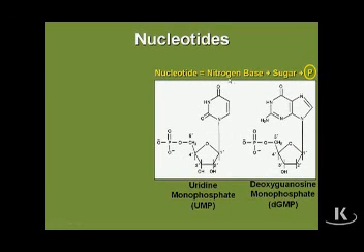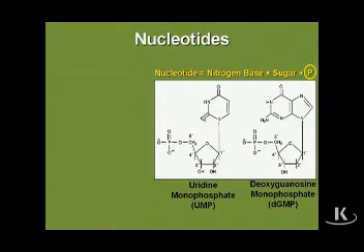What is this, a short or a long structure? Well, there's one ring, so it's a short structure. That makes it a pyrimidine. Short name, big structure. How did we know this was uracil? Do we see an N poking off? No, we don't. Do we see a methyl group poking off? No, we don't. So it has to be uracil. So uracil attached to a ribose sugar is called uridine.